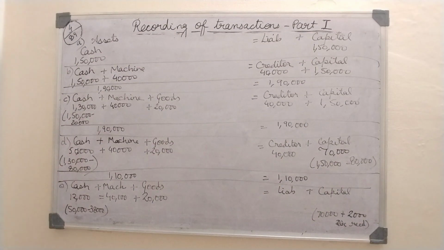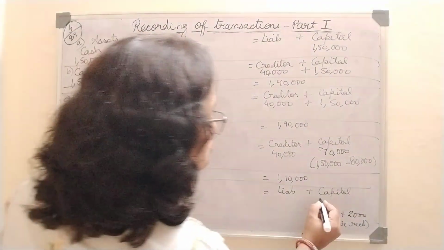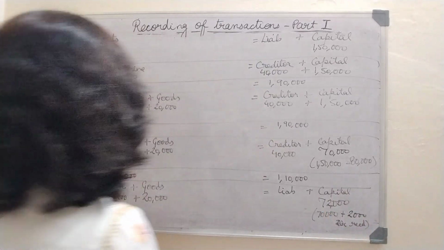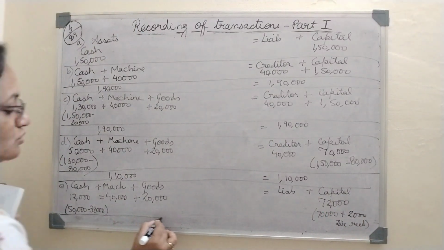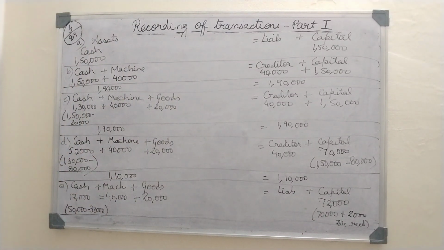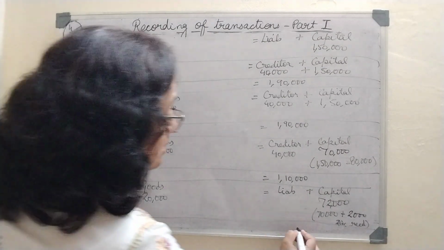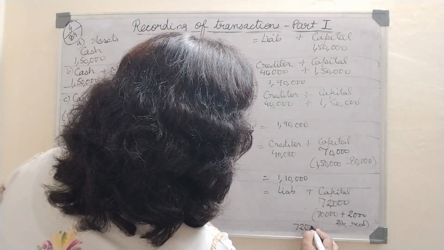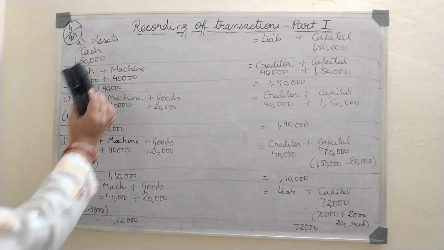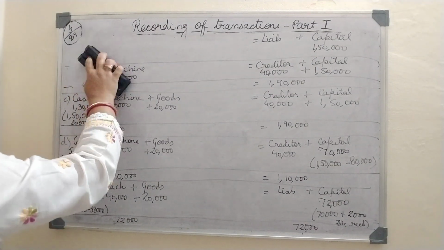So when 70,000 plus 2,000 you do, it comes to 72,000. So the total of both the sides comes to 72,000. There is a twist in every question, so you have to do it very carefully. Each transaction may be related to the previous transaction, right? So now we move on to the next part.